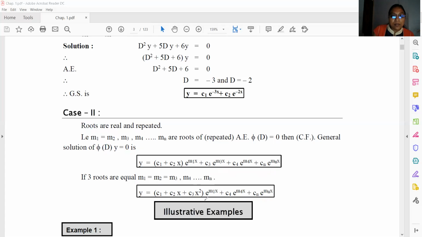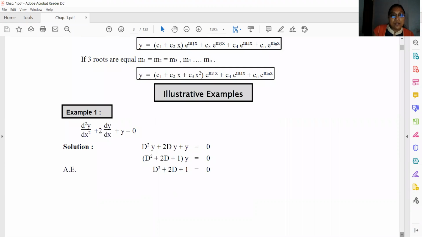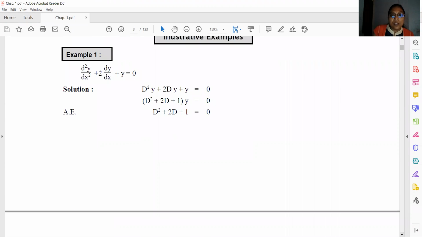Okay. Let's solve an example based on this case. Suppose we have to solve an equation like this, and you can see when we write this equation in terms of capital D, this is D square plus 2D plus 1 times y equal to 0. And when we take y common, we have this phi D y equal to 0 form. And when we equate this phi of D with 0, we get this auxiliary equation.